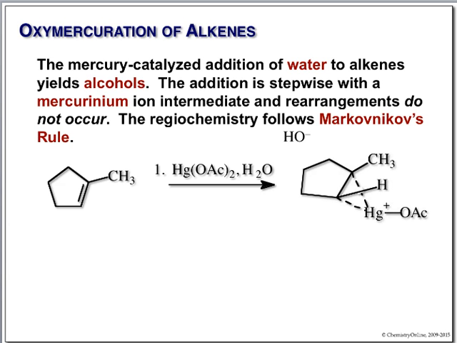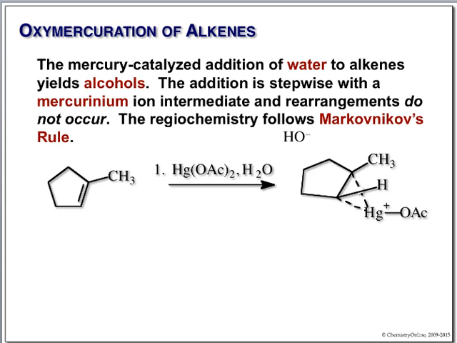Step 1, remember our bromonium ion? I hope you do. Bromonium ion, we said, just kind of sat there on the alkene pi system, didn't it? And it was positive, right? Well, this forms a mercurinium ion. It looks, for all the world, like a bromonium ion, doesn't it?